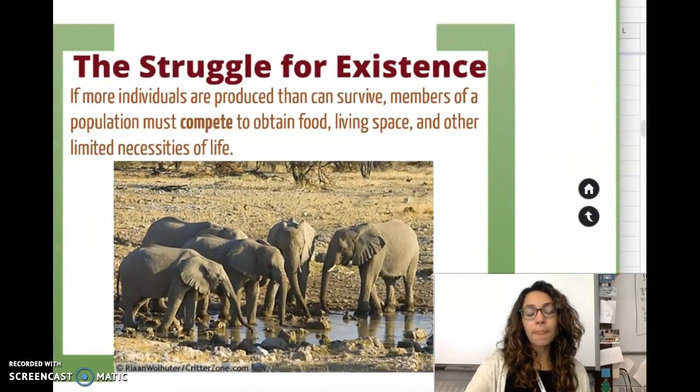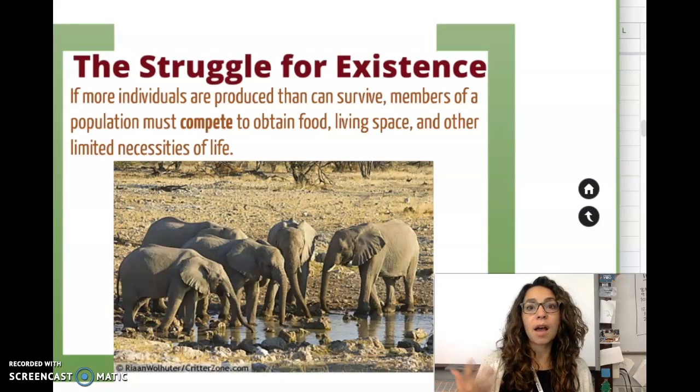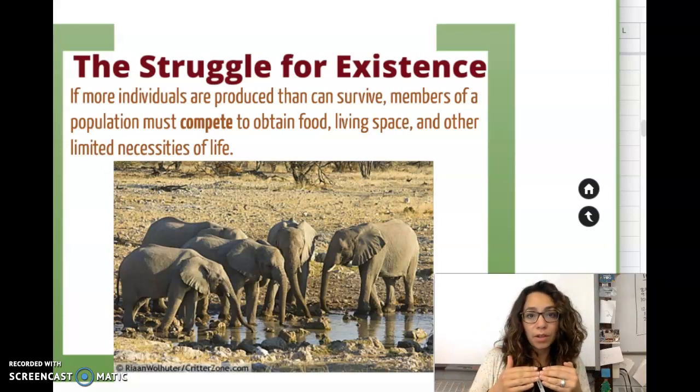So essentially, there are more individuals born than can survive, which causes competition. When individuals compete for resources like food, living space, mates, and water, it creates an environment where some are better able to survive and reproduce than others, right?